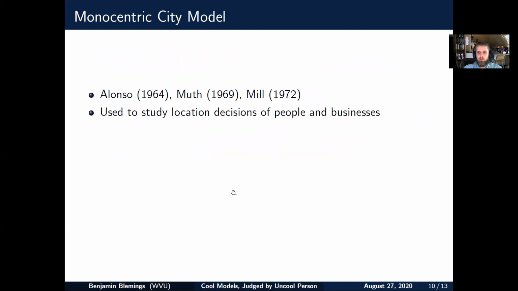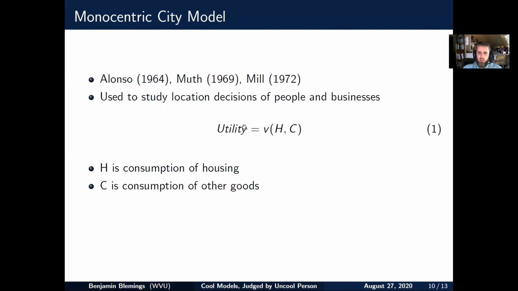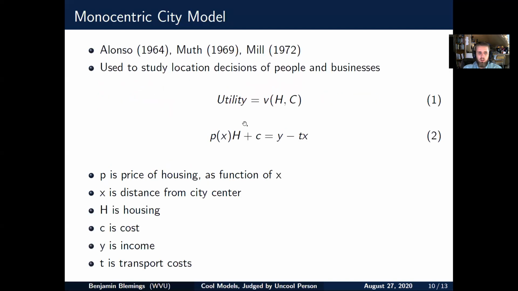So switching gears again, you can get into urban issues, like how do you plan a city with economics. This is a monocentric city model that's been used to study why people locate at a certain point in a city. It just says that their well-being is a function of what type of housing and what their consumption of other goods is.